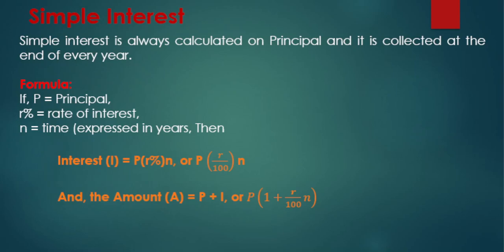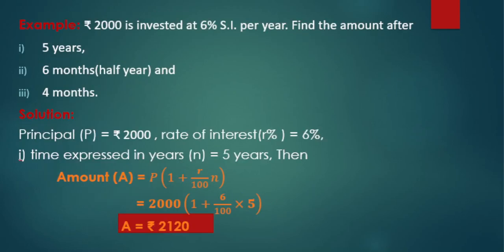We will take an example for that. In this example, rupees 2000 is invested at 6% simple interest per year, and we have to find the amount after 5 years, 6 months, and 4 months. So the time period changes each time, and the principal and rate of interest remain the same.